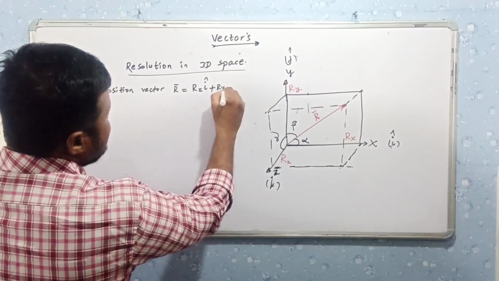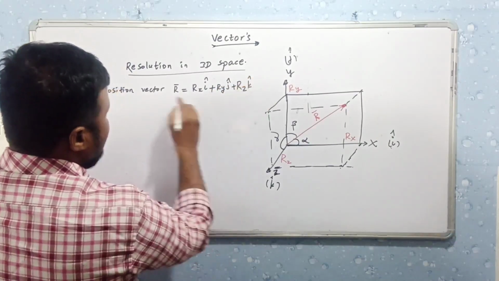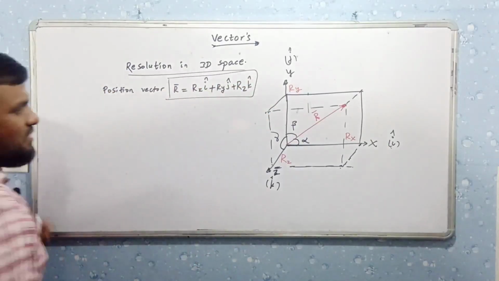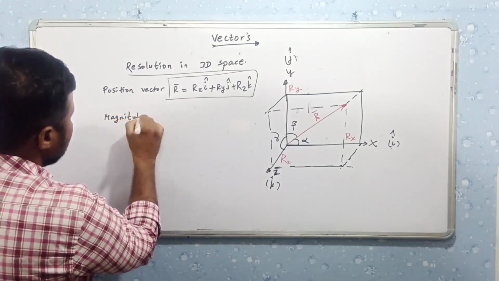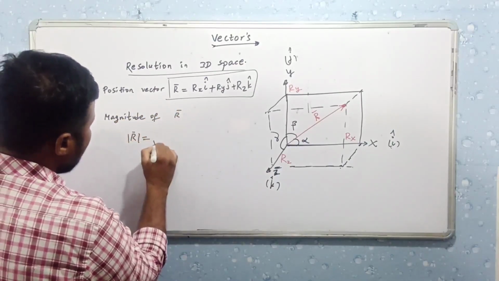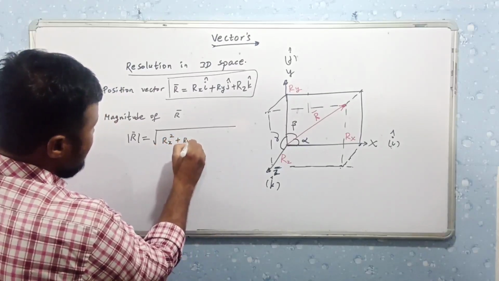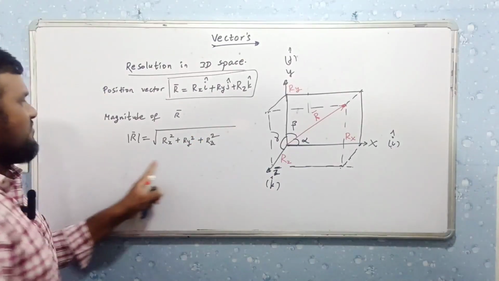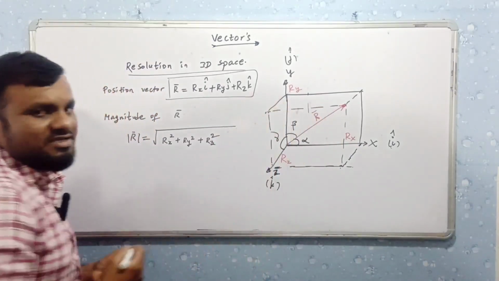Plus Ry j cap plus Rz k cap. This is the representation of the position vector. If I write the magnitude of R bar, it is equal to root over Rx square plus Ry square plus Rz square. This is the formula for the magnitude of the position vector in three-dimensional space.